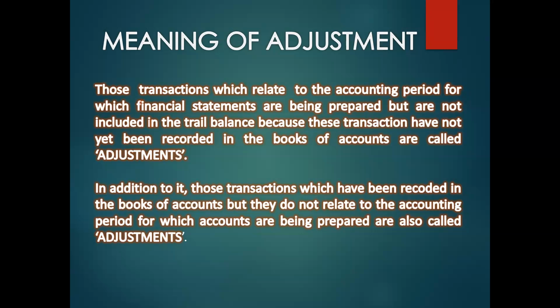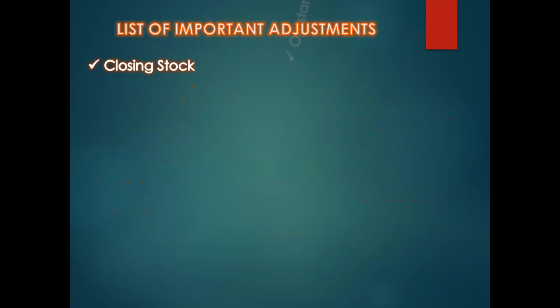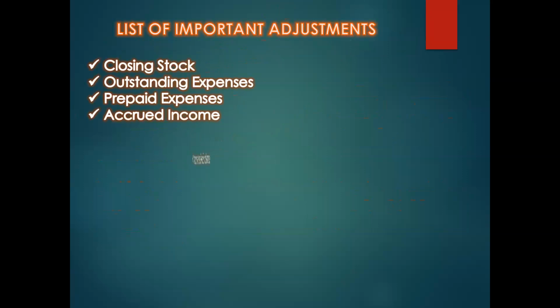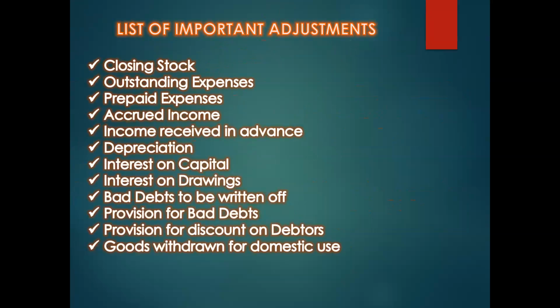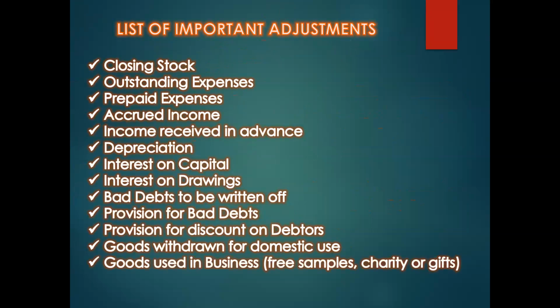So to show those missed out transactions, or those transactions which have already been entered but do not relate to the last accounting period, those entries can be mentioned in the balance sheet as adjustments, and things can be adjusted. I have given the list of important adjustment names, the factors which can be mentioned in the balance sheet: closing stock, outstanding expenses, prepaid expenses, accrued income, income received in advance, depreciation.